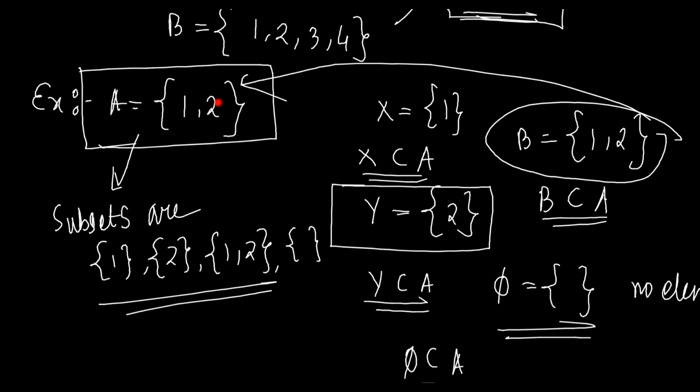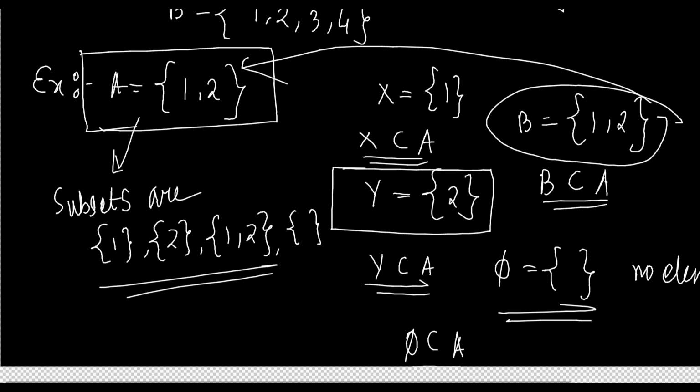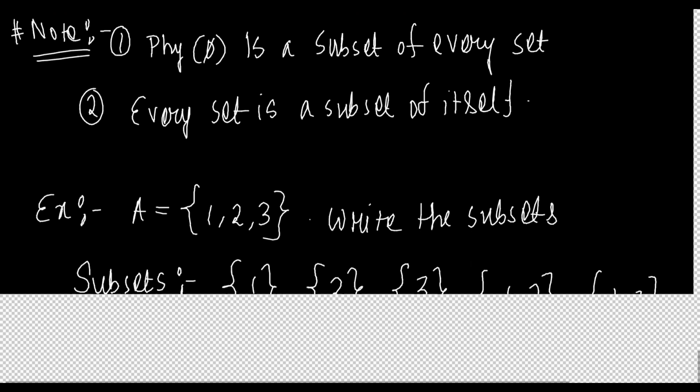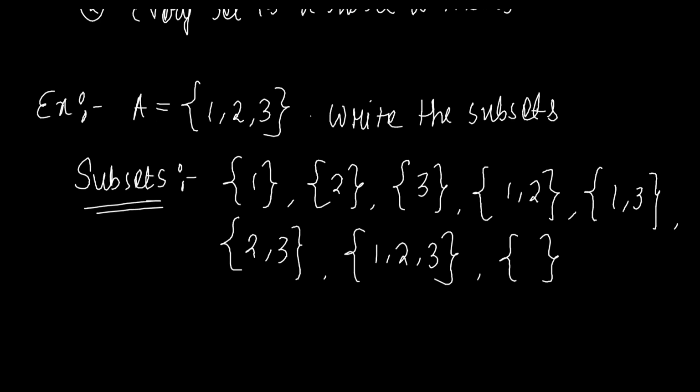And we have got the subsets 1 2 3 4, that is, the number of subsets is 4. And in the next case, where A contains 1 comma 2 comma 3, the cardinal number of the set is 3, and the number of subsets is 1 2 3 4 5 6 7 8. So 8 subsets are present.